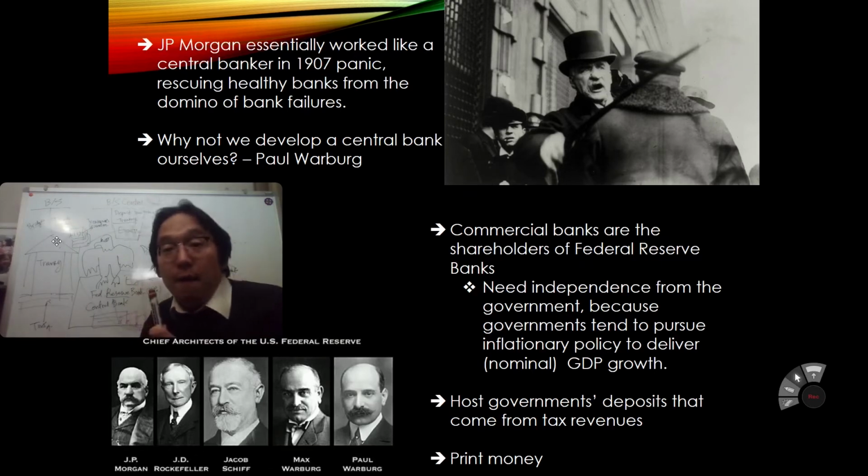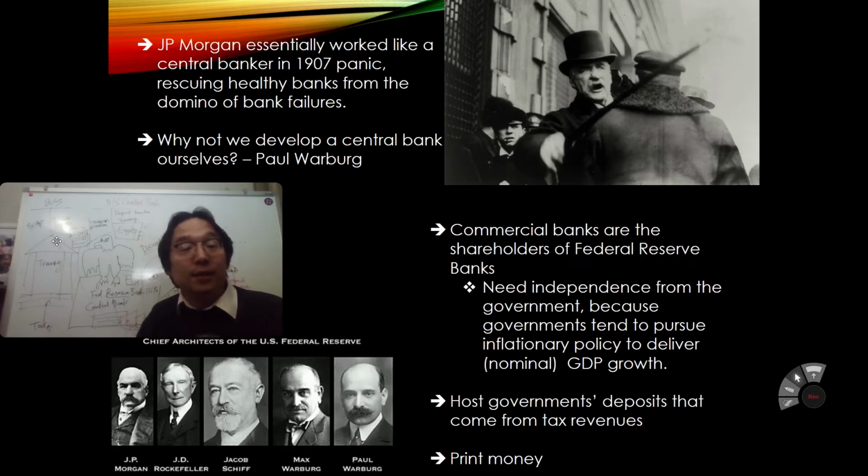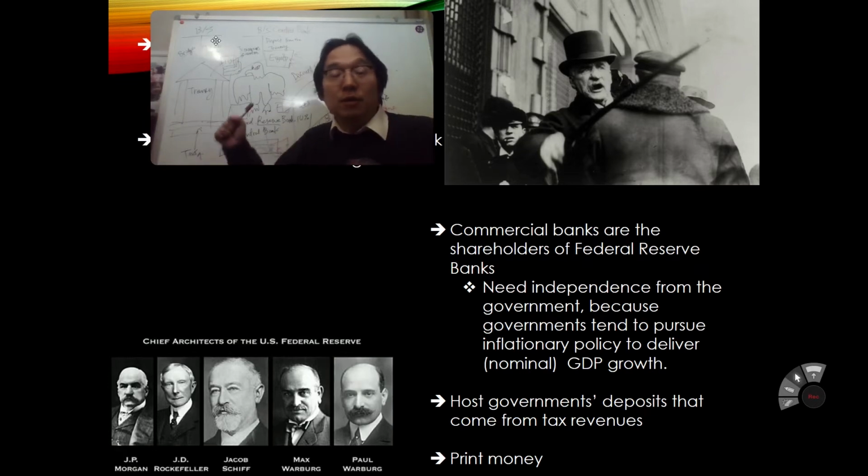Anyway, they wanted this central bank to be independent from the government or Treasury. Independence from the central government is very important. Why is that the case? Well, the administration, for example Trump or Obama or Clinton, Bush, all these guys, or Moon Jae-in's or Kim Dae-jung's administration, depends on the votes of the general public.